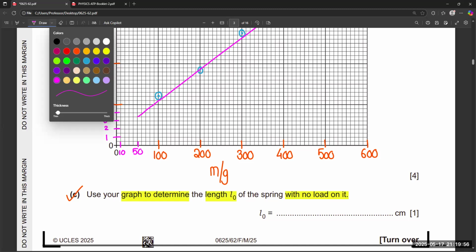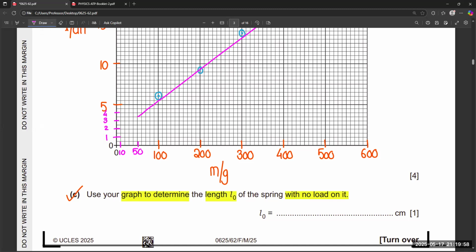No load means 0 grams. So if we extend this line, like this.